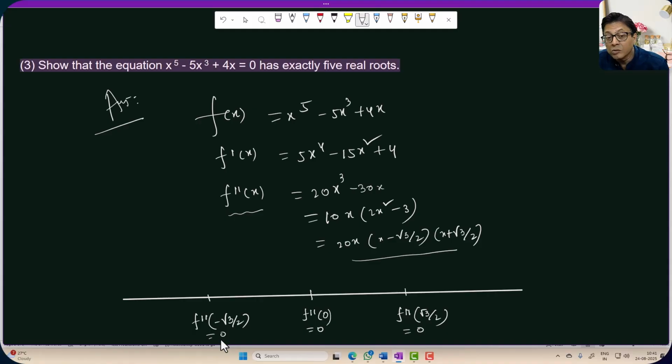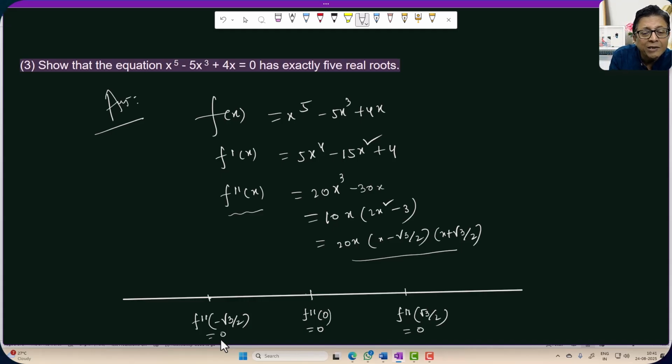These are zeros of f''(x). Okay? And if f(x) is a polynomial of degree 4, this one a polynomial of degree 3, these three roots of f''(x) are separated by roots of f'(x).